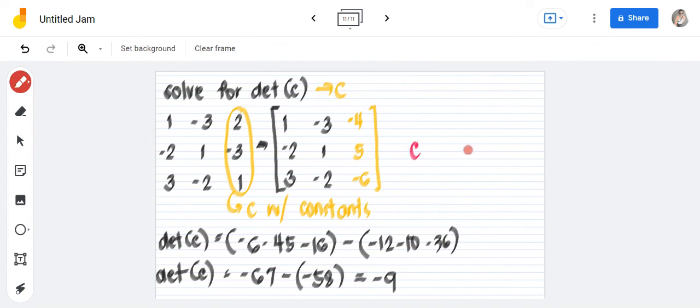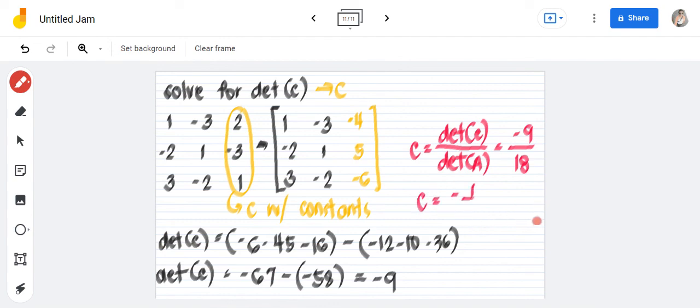Solving now for the unknown C, we take the determinant of the transformed matrix divided by the determinant of the coefficient matrix. It's negative 9 over 18. Simplifying, the value of C is negative 1 half.